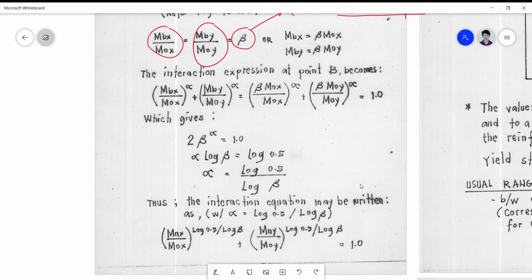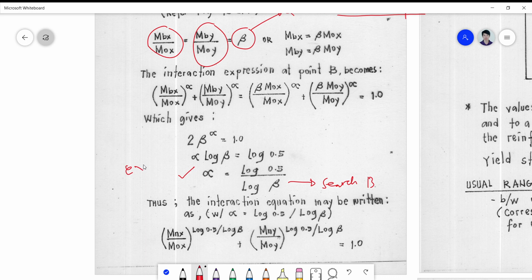So if you know beta, you can search for point B. Okay, and then find beta. You can define alpha exactly, no? So you will get an exact value of alpha, just like you did the iteration on the exact analysis.